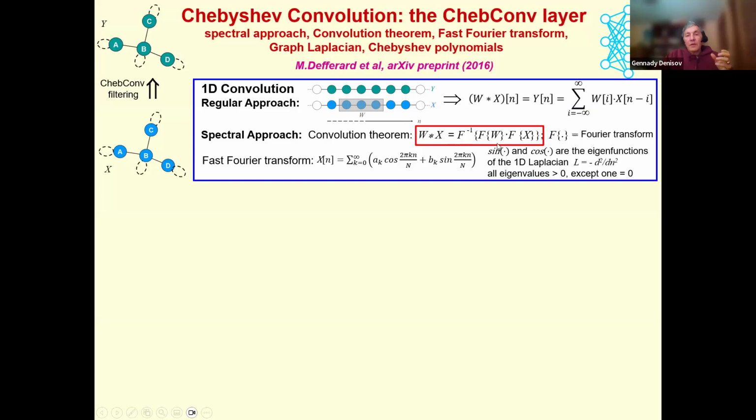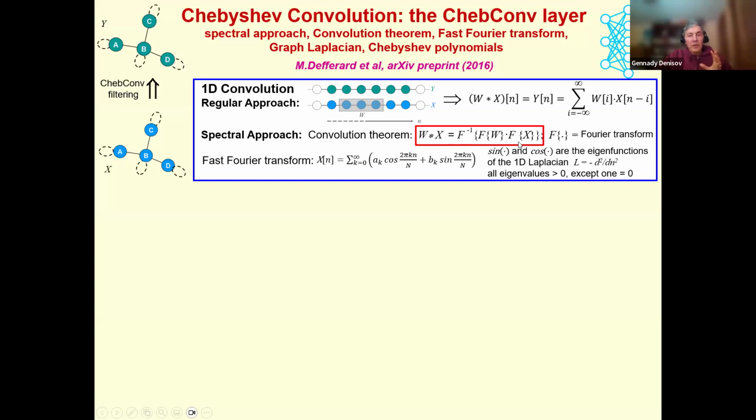So from this theorem, it immediately follows that the convolution of W and X can be computed as follows. First, compute the Fourier transform of W, then compute the Fourier transform of X, then compute an inverse Fourier transform of the product, and you get the convolution. It's an alternative way of computing the convolution.